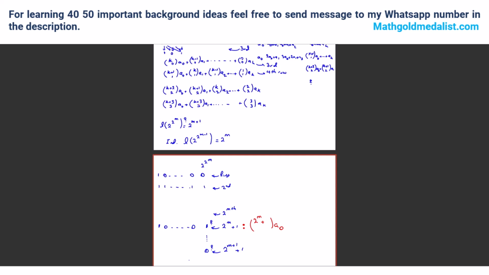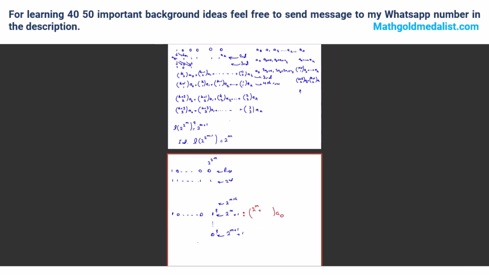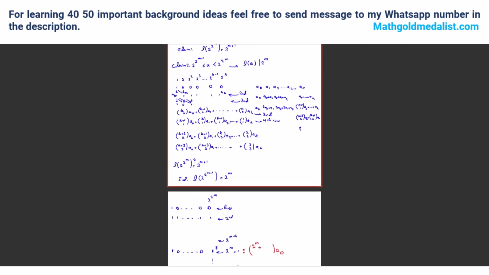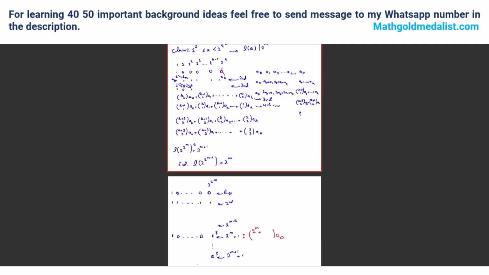Isn't it plus k minus 2? K is 2 to the m, right? Look, here we were considering 2 to the k, right?